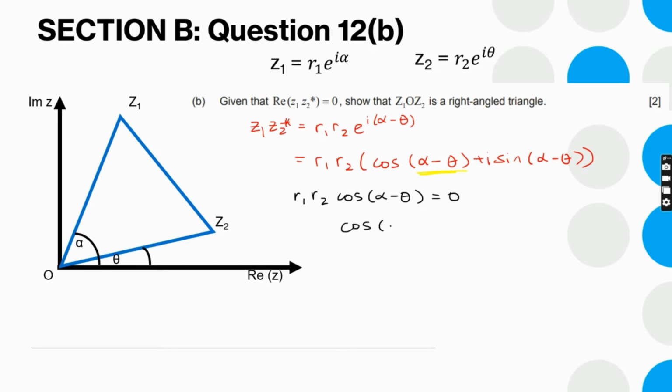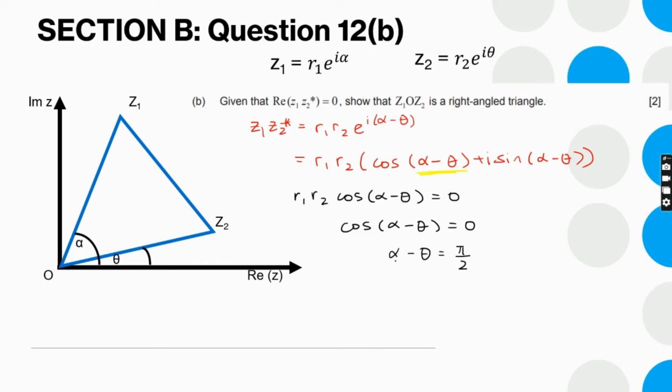So hence, cos(alpha minus theta) is 0. When is cosine equal to 0? When it's 90, right? It's 90 degrees.